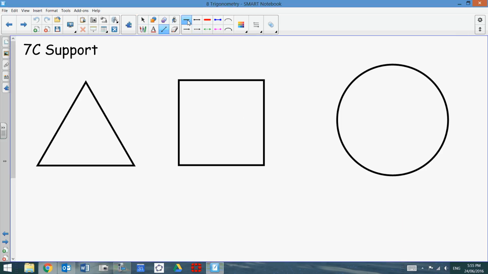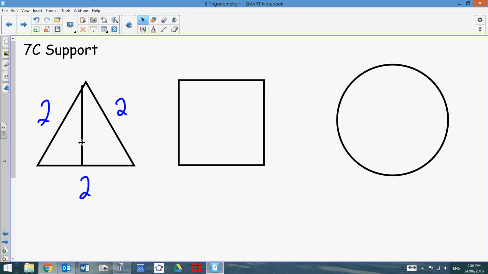Consider this first shape to be an equilateral triangle where the sides are 2, 2, and 2. So 2 units on each side. If I split my equilateral triangle in half, the base is now going to be split into 1 and 1, and I now have a 90-degree angle.